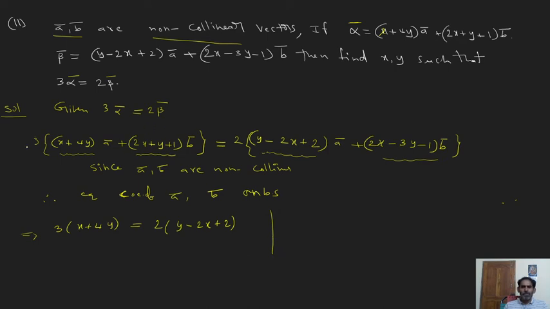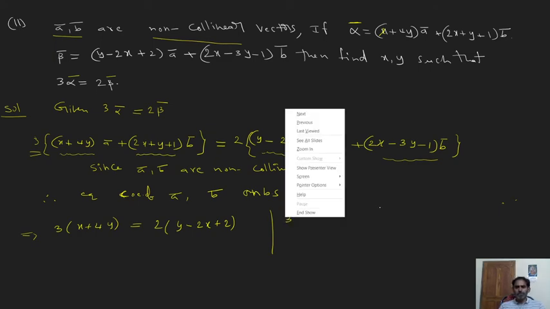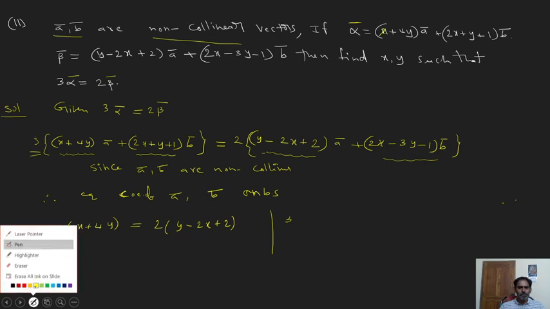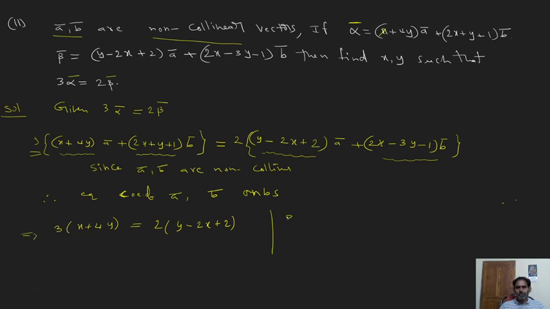Already 3 is there: 3 into 2x plus y plus 1. Here the coefficient of b bar: 2 into 2x minus 3y minus 1. 2 into this is the coefficient of b bar.